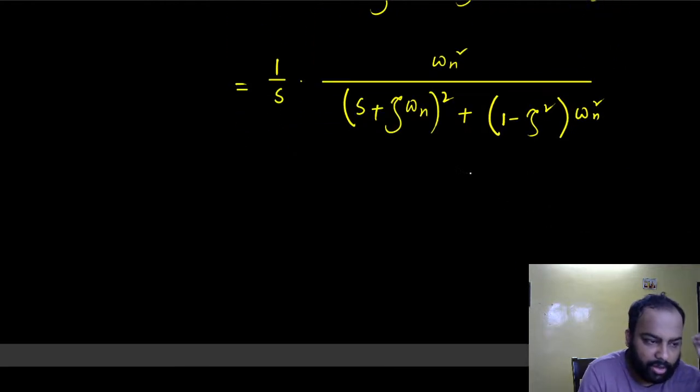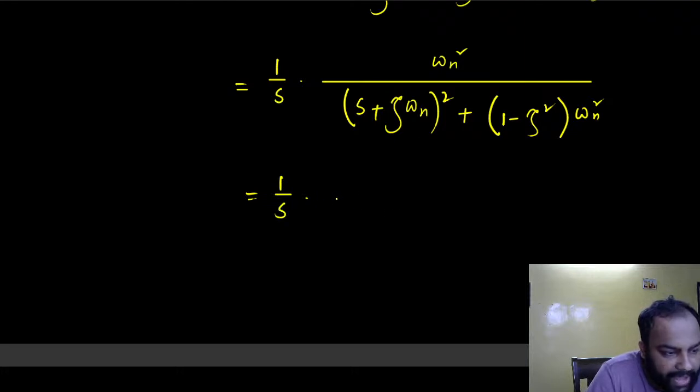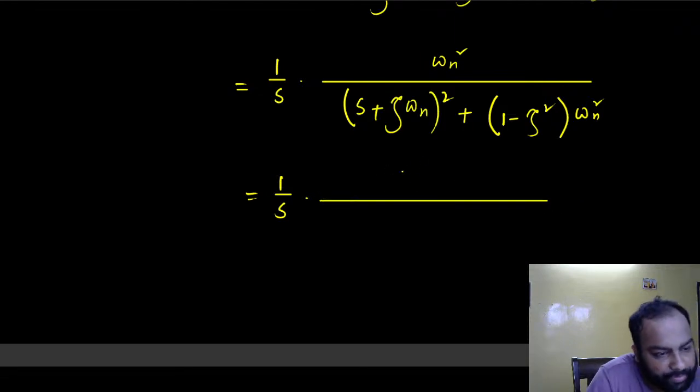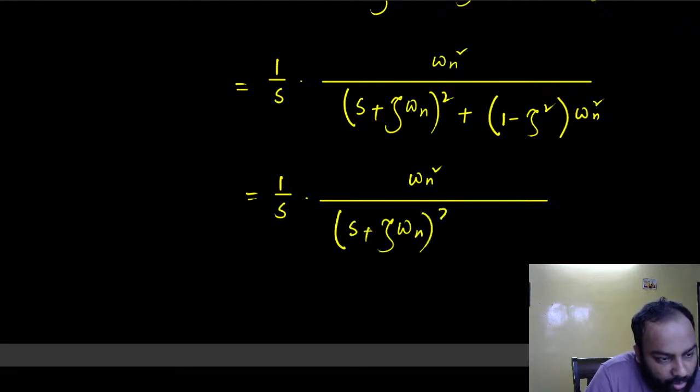Got this? So let's simplify this slightly. I would write 1 by s, and then omega n square over s plus zeta omega n whole square.